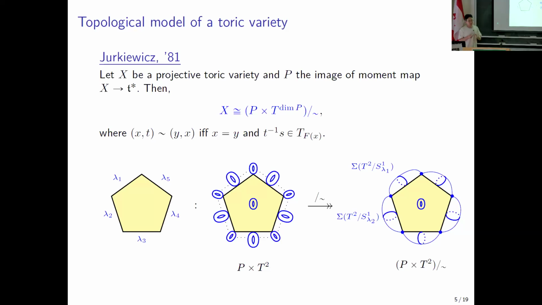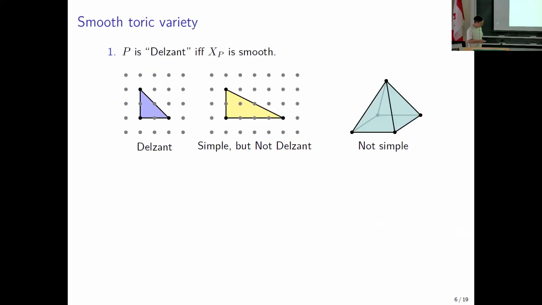I want to emphasize that this kind of construction is something you can do no matter whether the variety is smooth or singular. Okay, so remember that we have to be able to understand some topology and geometry out of the combinatorial or geometric information of the polytope.